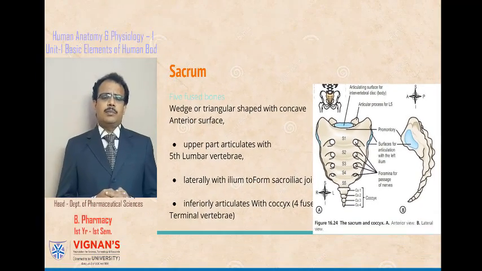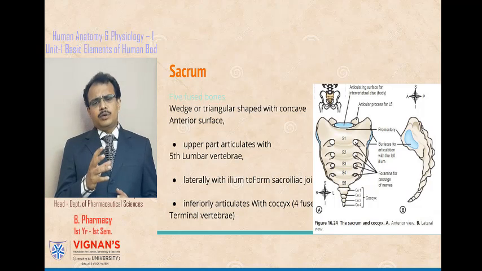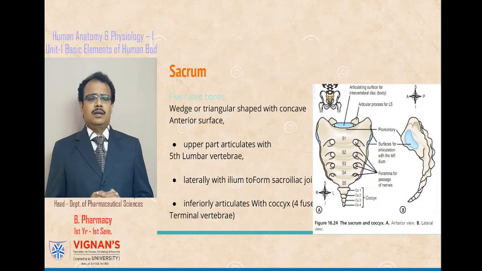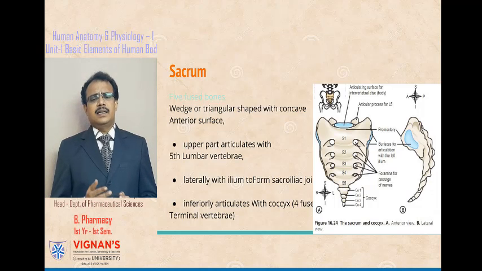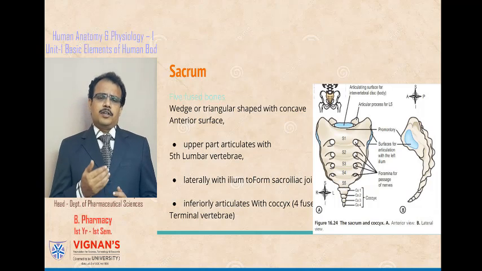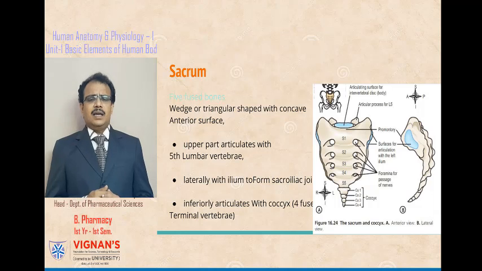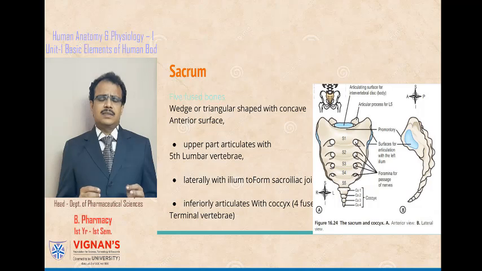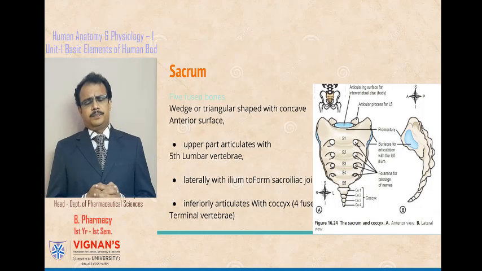Sacrum is formed by a fusion of 5 rudimentary vertebrae, and this gives a triangle shaped wedge structure. And the superior of this sacrum is flattened, which gives attachment to the body of the 5th lumbar vertebrae, and there are foramina on either sides of these sacral vertebrae through which the spinal nerves leave the vertebral column.